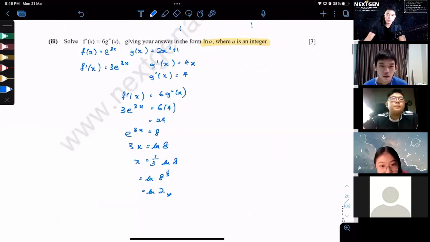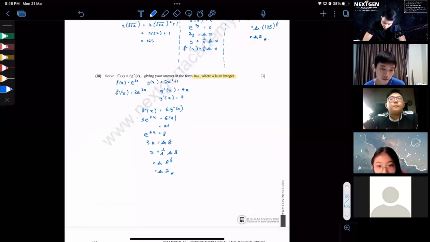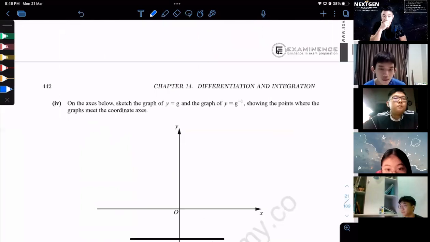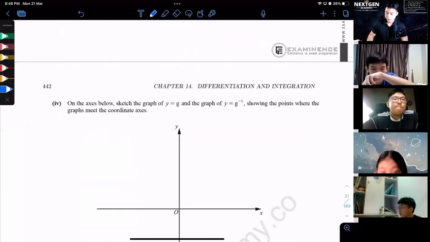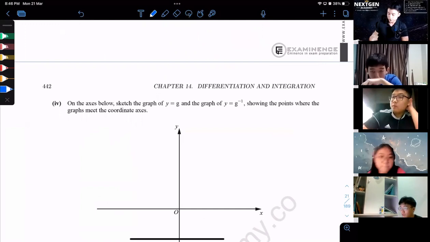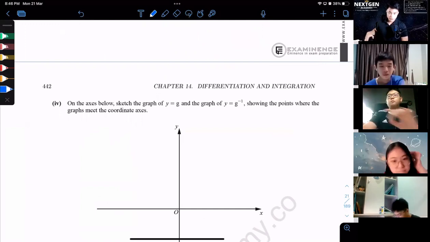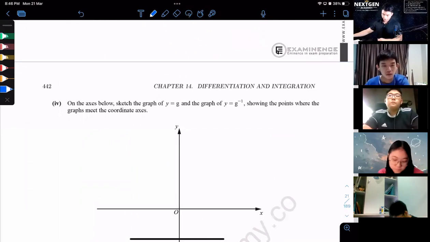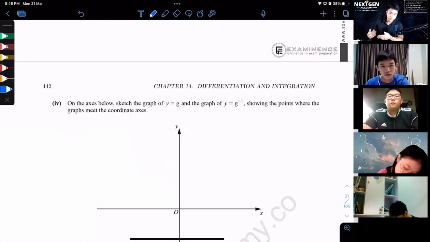Okay, we will stop here. Question 4, I want you all to figure out by yourself first. I want you all to finish up the questions over here. Not a lot of questions. Focus on finishing up the book first. To be honest, if you all know how to do all the 14.1, 14.2, don't spend so much time there.